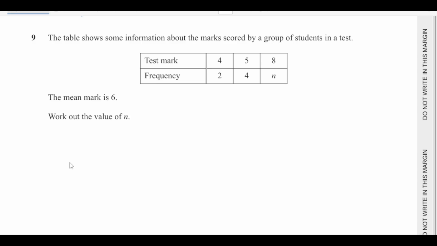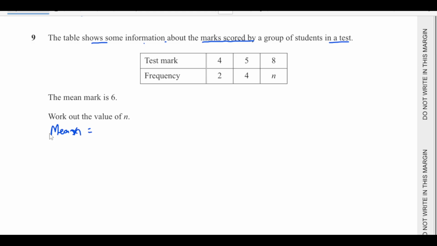So, number 9, the table shows some information about the marks scored by a group of students in a test. So, these are the test marks, this is the frequency. The mean mark is 6, work out the value of n. So, mean, we know that mean is sigma fx over the total of the frequencies.